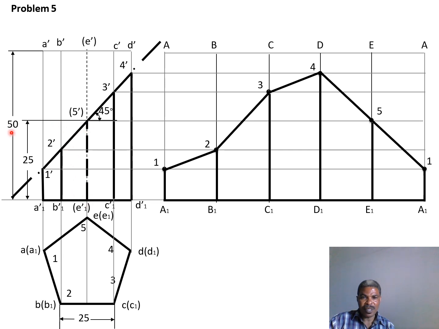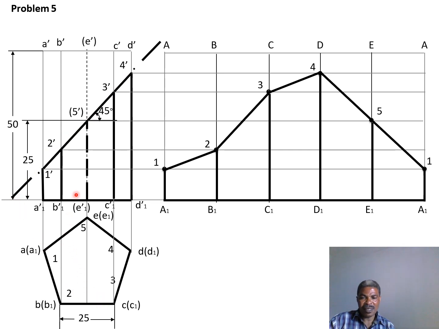Because we have 50, the center is at 25. So at this very 25, you need to lay the cutting plane inclined at 45, as you can see here. So this 45 is for the inclination of the cutting plane.